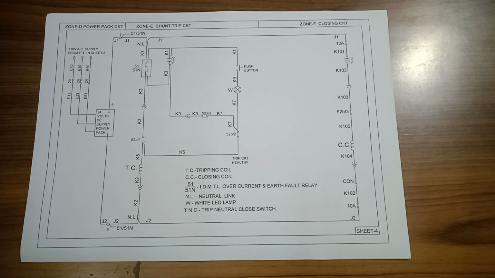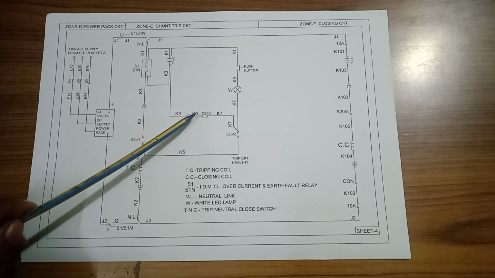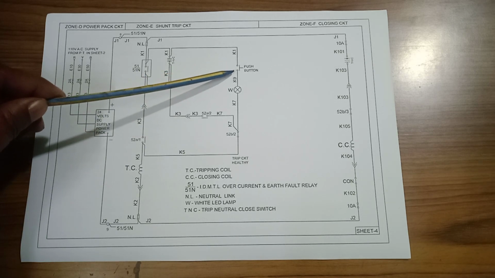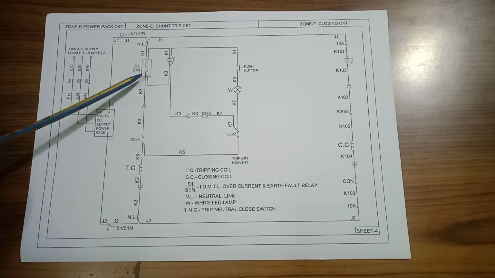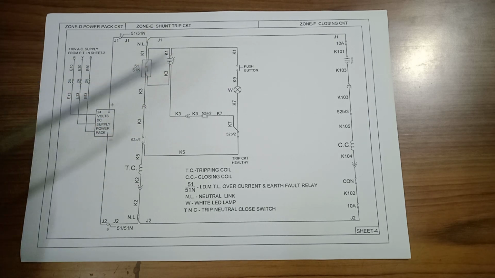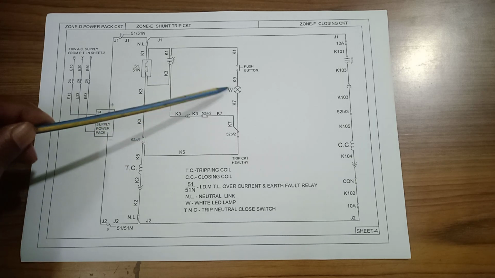Second way, when the circuit breaker is in on condition. Circuit breaker is on means 52A by 1 is closed, 52A by 2 is closed. Then the power goes through this path to the trip circuit and the white LED glows. So there are two ways to glow the white LED.